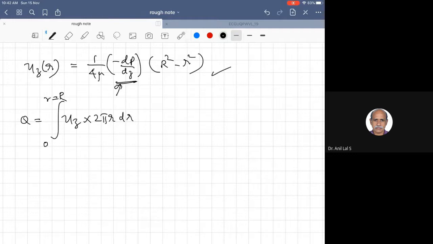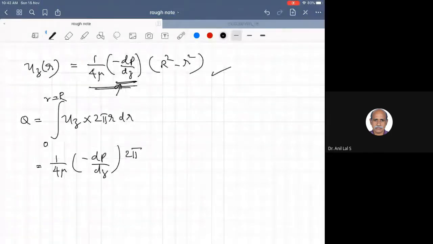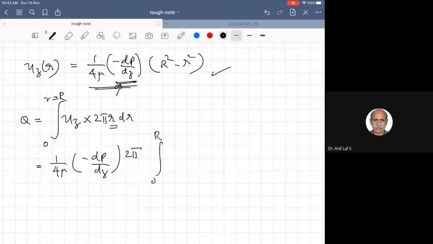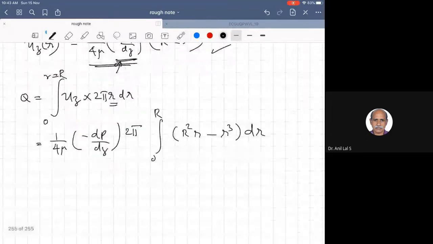So these things are constant: 1/(4μ) times minus dp/dz, and 2π is also constant, so there's an r remaining. So the integral from 0 to R of (R squared r minus r cubed) dr is the discharge.